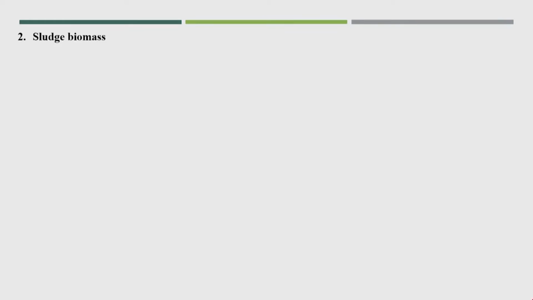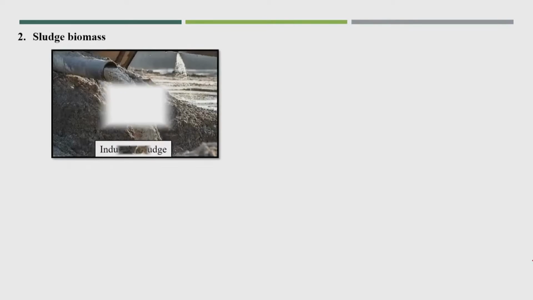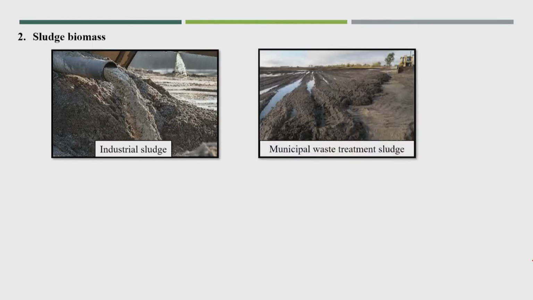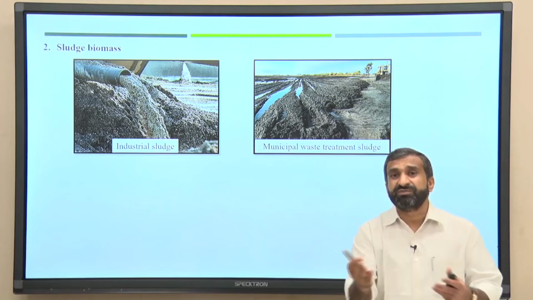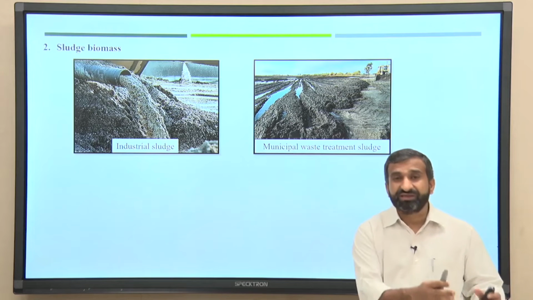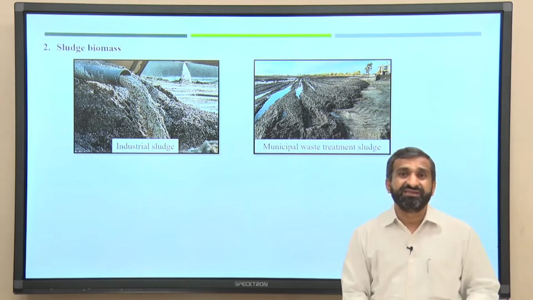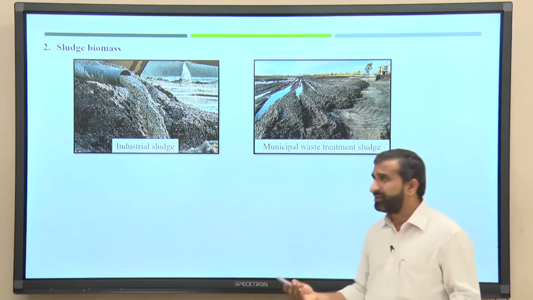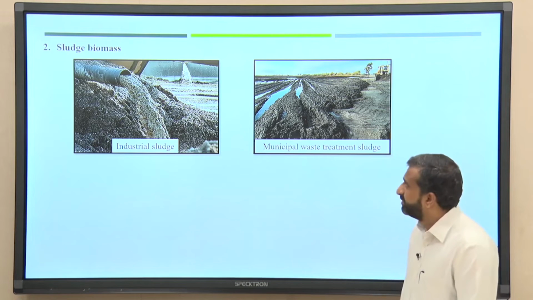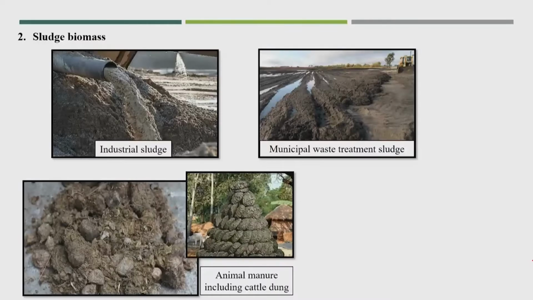Now, another substrate is sludge biomass. There could be different industrial sludges, municipal wastewater treatment sludge, and a huge amount of sludge is getting produced by aerobic wastewater treatment facilities or aerobic sewage treatment facilities. So, that also could be used for the anaerobic digestion process.